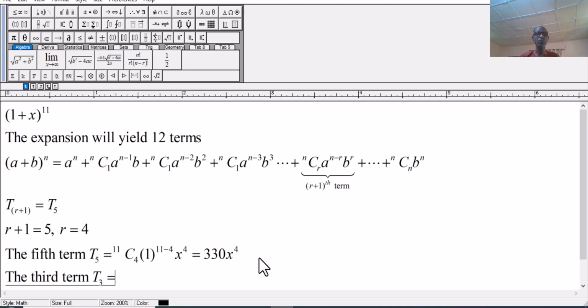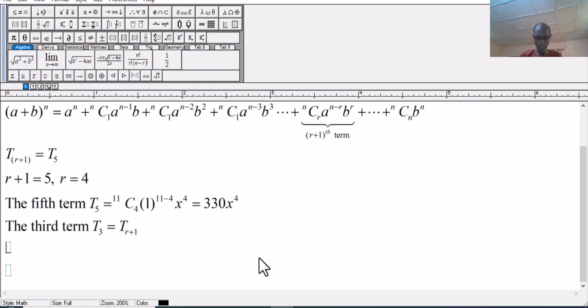In that case, we don't know our r, so we need to get our r. r plus 1 is equal to 3, which implies that our r is equal to 2.